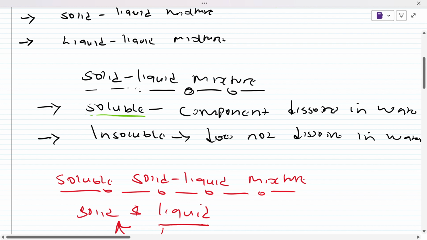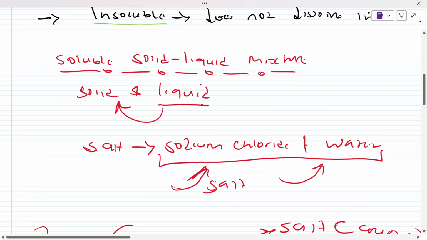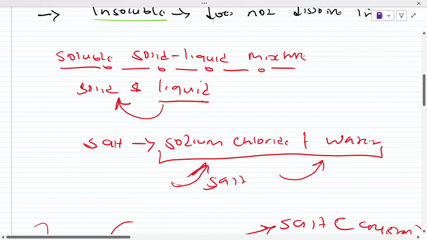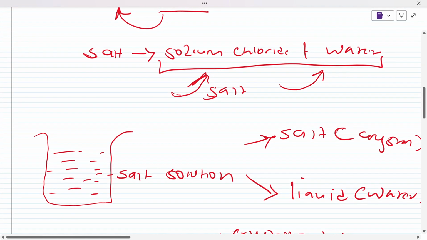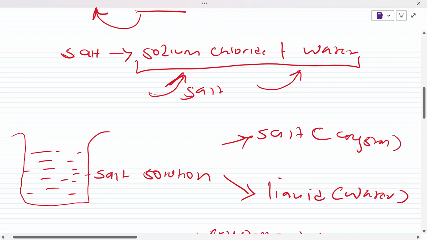And under soluble solid liquid mixtures, I said that we had techniques that we could use to separate them. An example of a solution that I gave was salt solution. And in the previous video, I did crystallization as a technique.